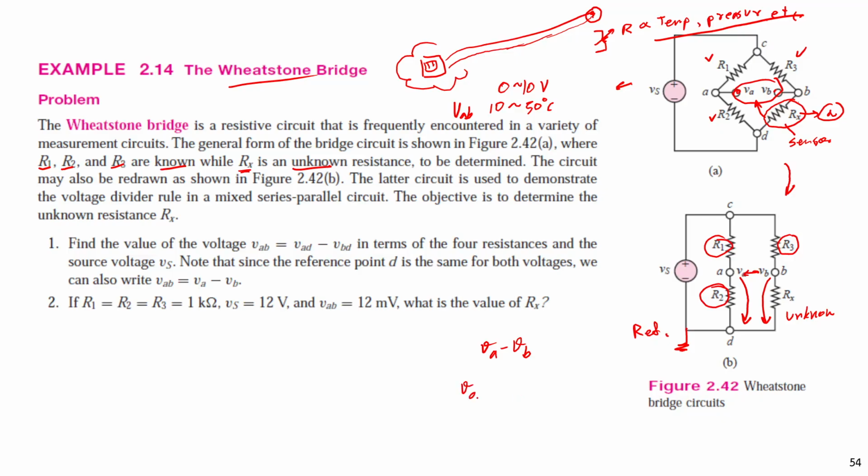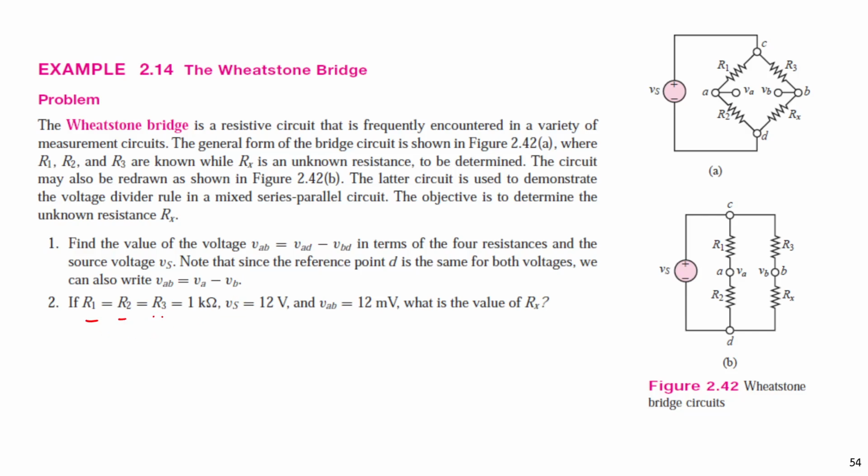So this will be the voltage between A and D minus the voltage between B and D. If R1, R2, R3 are 1 k ohm each, and Vs is 12 volt, and VAB is 12 millivolt, we can compute Rx. So VAB can represent the value of Rx.